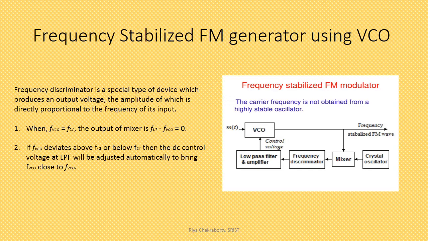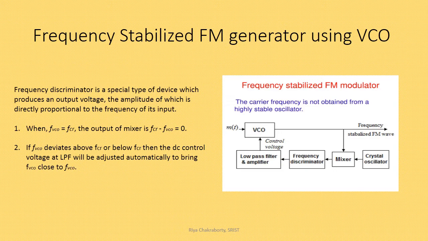So when FVCO is equal to FCR, then the output of the mixer, FCR minus FVCO, equals 0. Hence the output voltage of the frequency discriminator is 0, and hence the control voltage at the output of the low pass filter is also 0.